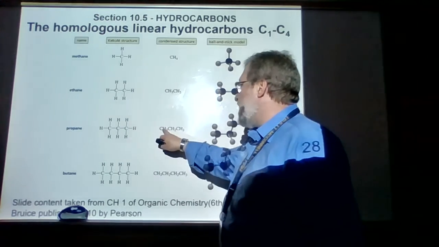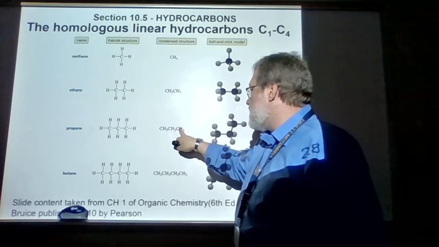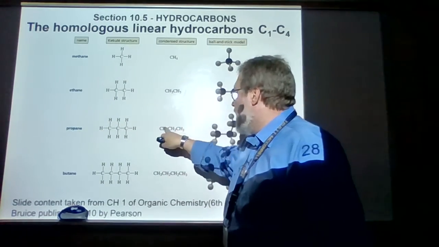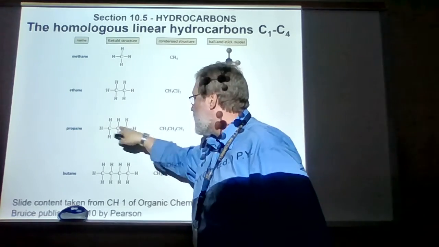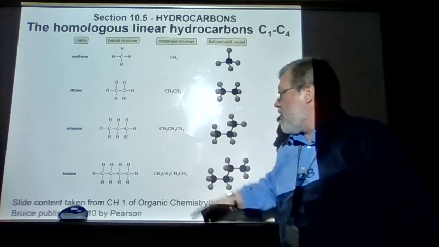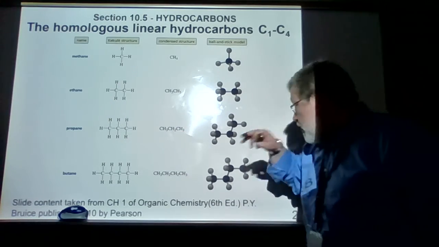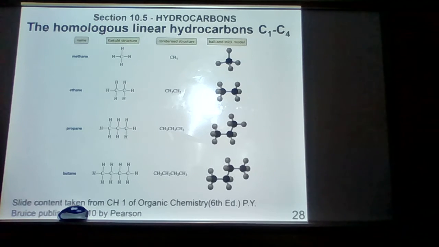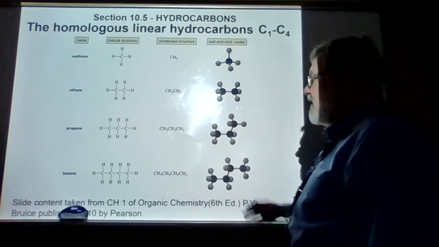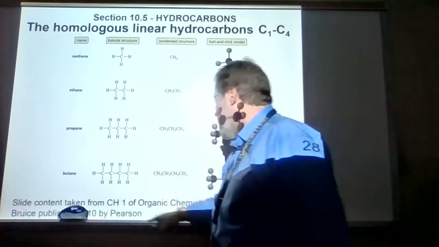So the CH3 here, CH2 attached to the CH3, and this CH2 is to the right of that CH3, so this carbon has 1, 2, 3, 4 things attached. This carbon has 3 hydrogens and 1 carbon. The ball and stick model is like this. Butane, lighters. A 4 carbon fragment. CH3, CH2, CH2, CH3.